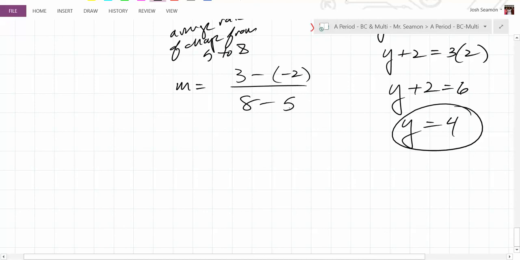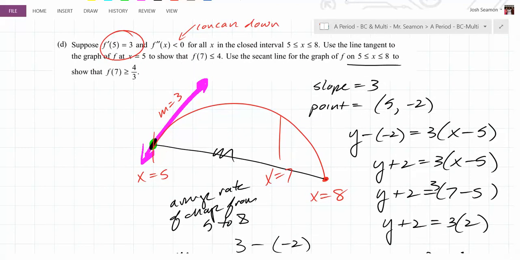Sorry, did I do this right? Yeah, this is the output at 8 right here, and this is the output at 5. So the slope of the secant line is 5/3. So the average rate of change from here to here is that, correct?